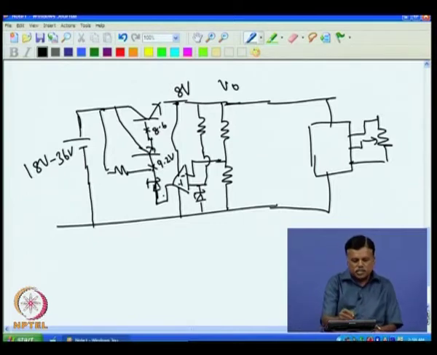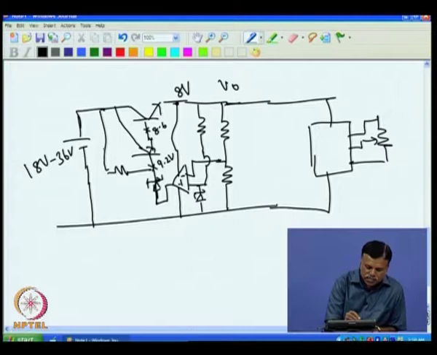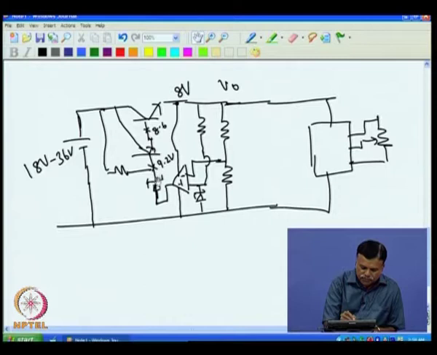Now, the Zener diode is kept here, and then we have a resistance of a very high value between this and this. So, what happens is, initially even if a current flows like this, there will be a small voltage drop across this.